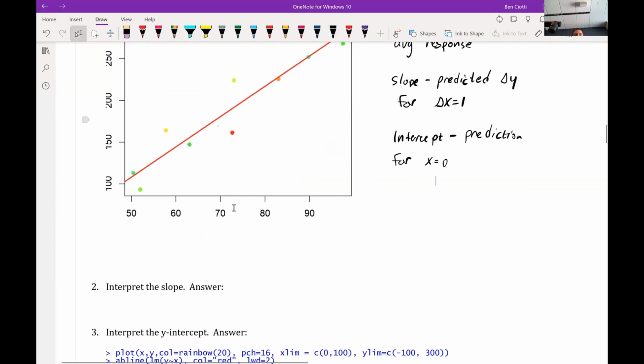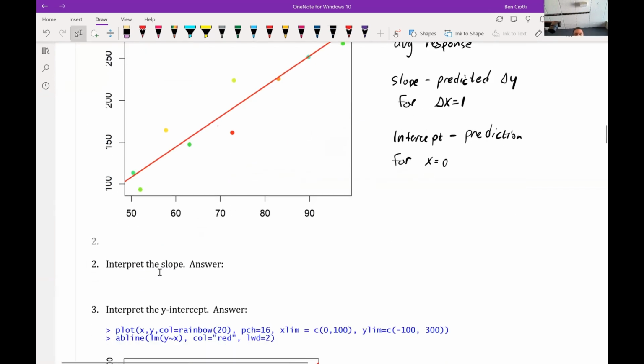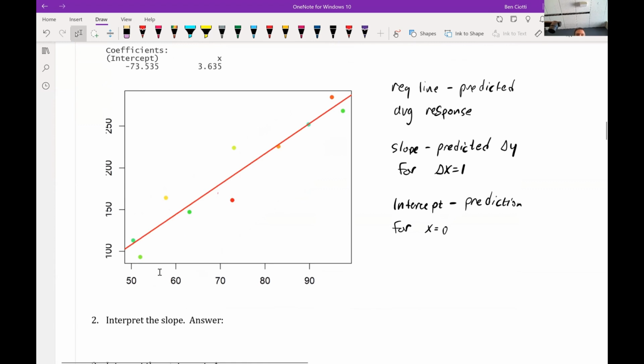So in this case, can someone interpret the slope for me? What's the interpretation of the slope? Which was this. So this is what? Yes.